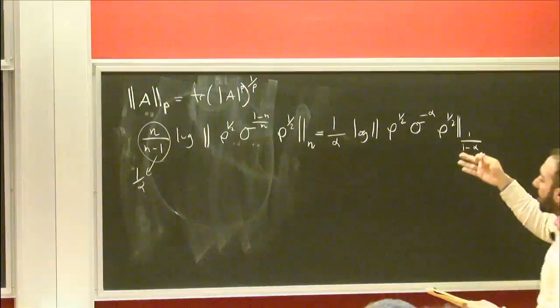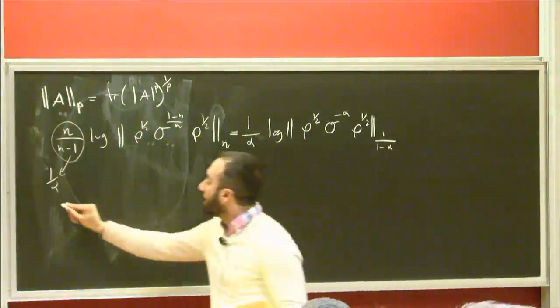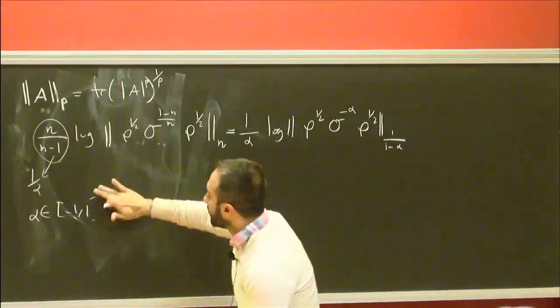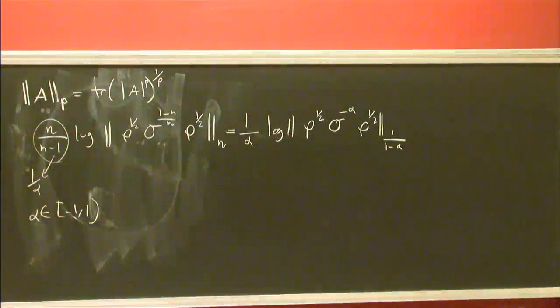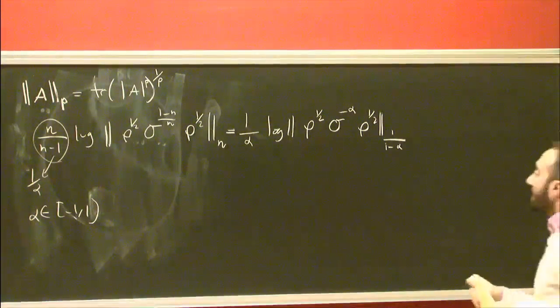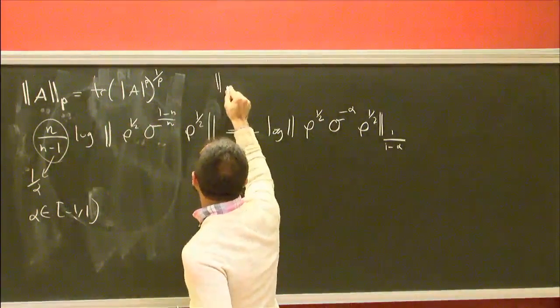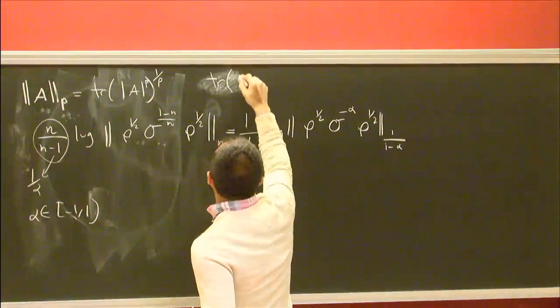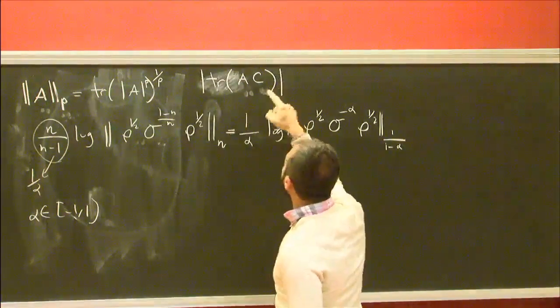At first it might look like, why am I doing this change of parameters? But it's more helpful. Now alpha is in the range -1 to 1. Here I'm going to use something that unfortunately I will not explain, but it's a famous property of p-norms, the so-called Holder inequality. So let's look at the trace of AC, the norm of this guy.